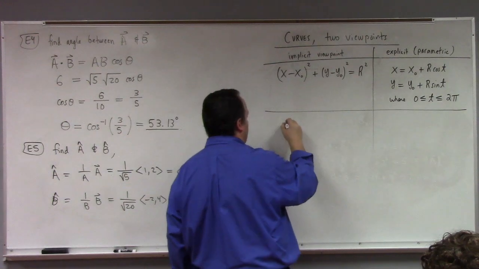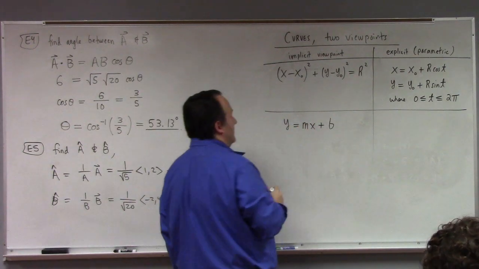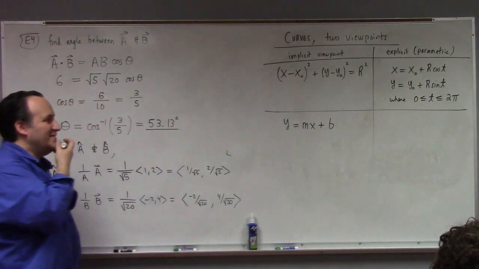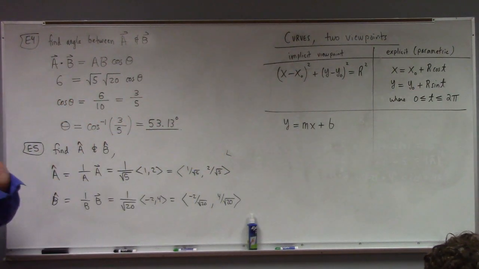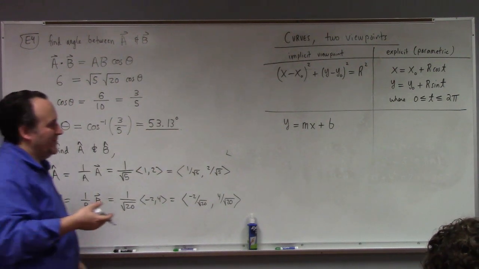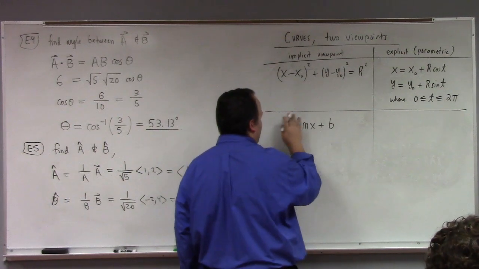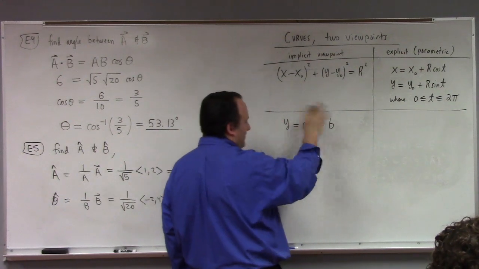Another one, y equals mx plus b. Now, I say that that's the implicit viewpoint, but is it really? To make it the implicit viewpoint, maybe I should rewrite it as an equation equal to 0.